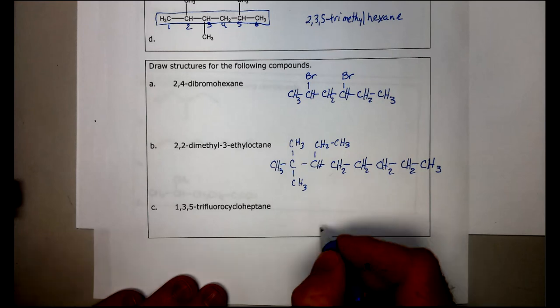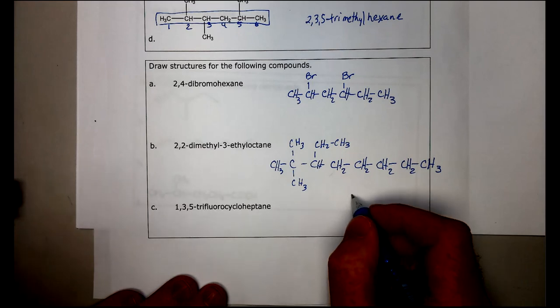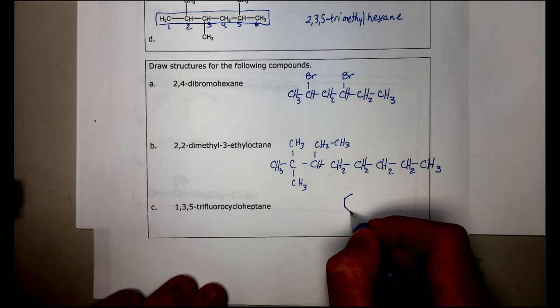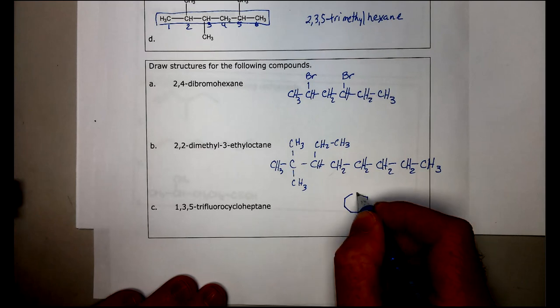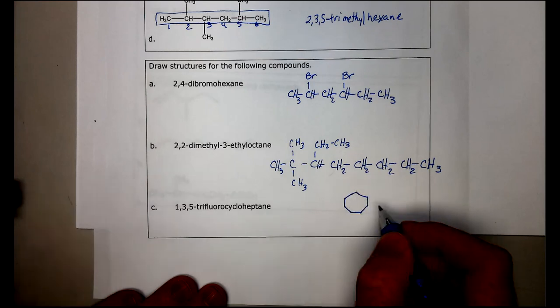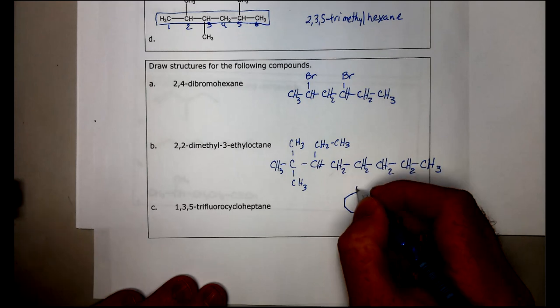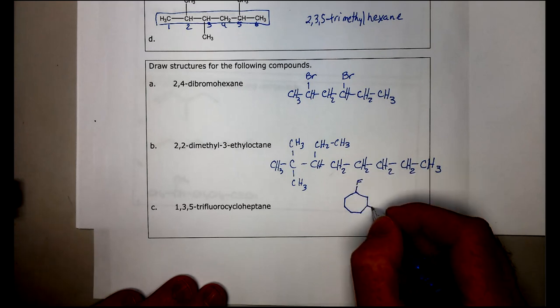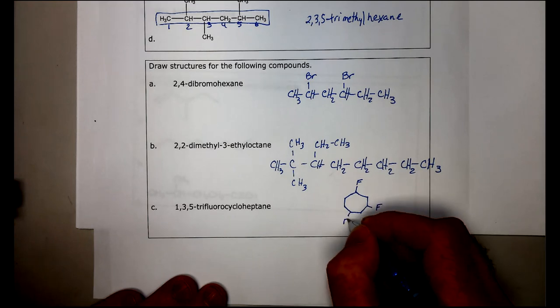And then cycloheptane, we're going to need a 7-member ring. 1, 2, 3, 4, 5, 6, 7. And so we'll just arbitrarily make this fluorine spot 1, 3, 5.